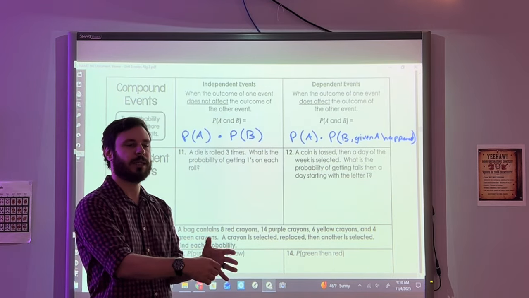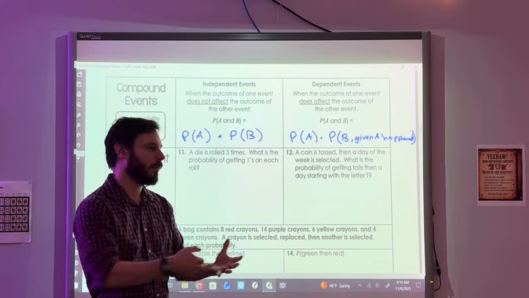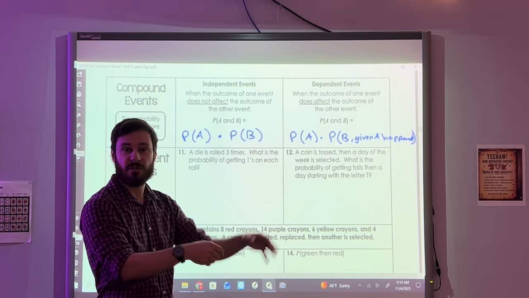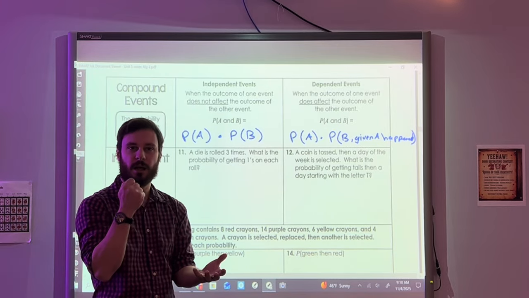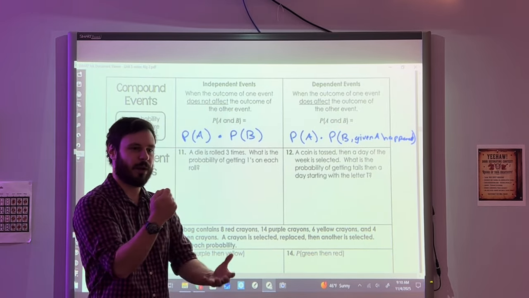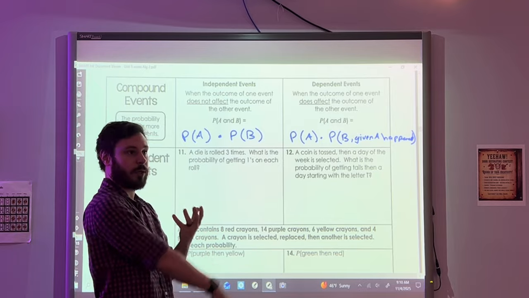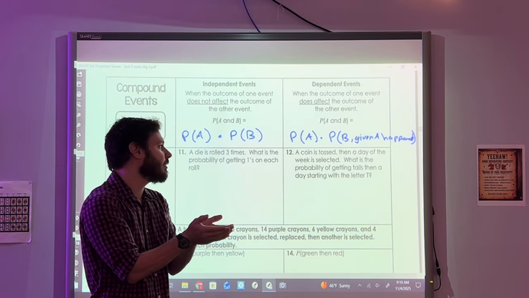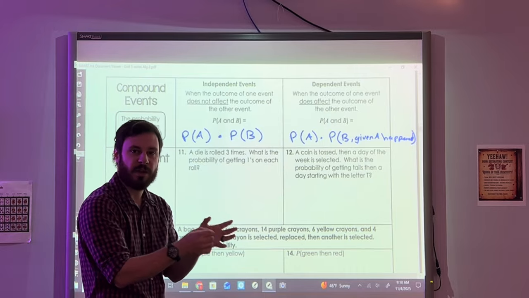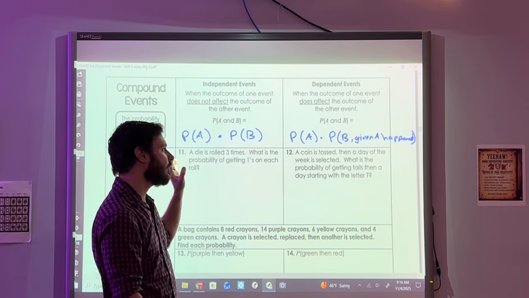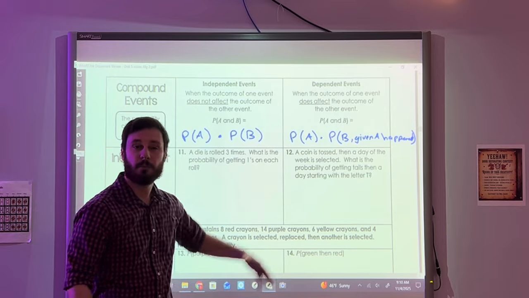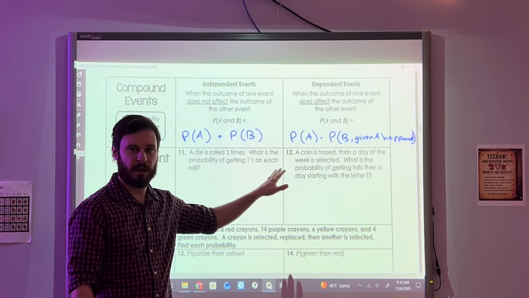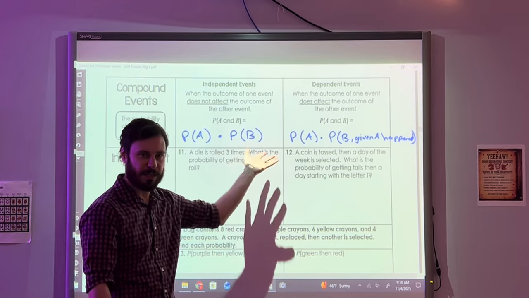Remember the example of taking the crayon out of the bag. When I took the crayon out and I didn't put it back, that's a dependent event, because the second event depends on the first one succeeding. I pulled out the red crayon, it's the one I wanted, and I threw it across the room. I needed that to happen. So the second one will change based on event A happening. That's the more formal write-up of it, but pragmatically, how we solve these problems is exactly the same. We did that, I just didn't give it form like this.